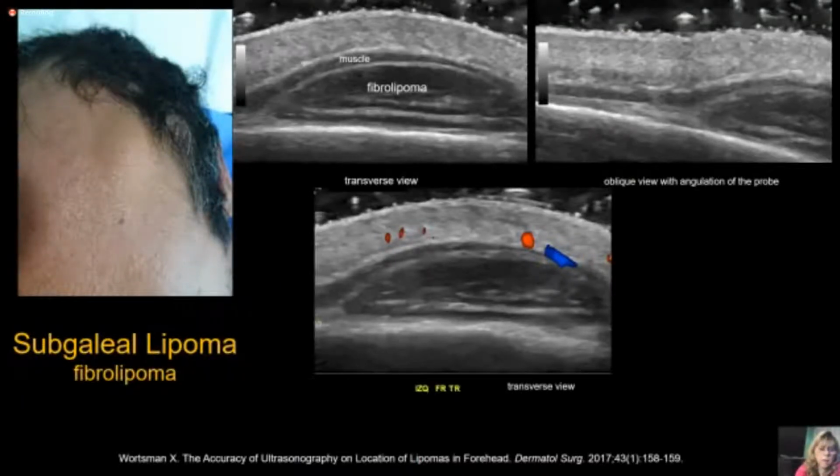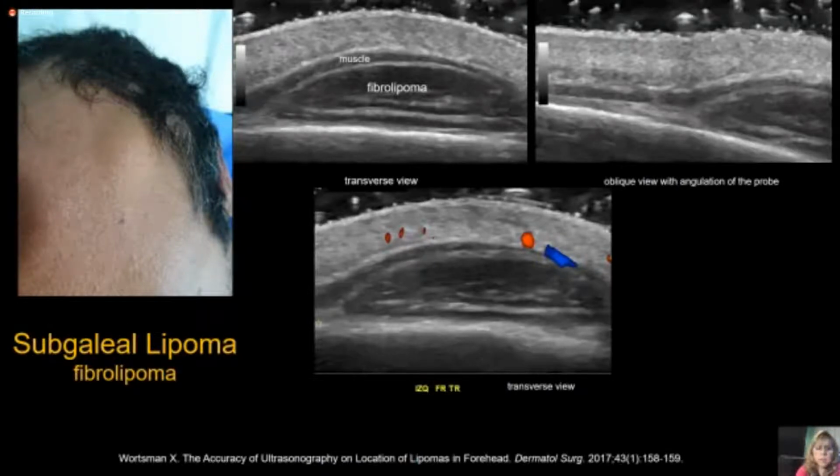A particular form of presentation of lipoma is the subgaleal lipoma. In this case, you can see a bump, usually in the frontal region, and this lipoma is located underneath the fascia or underneath the muscle, the epicranius muscle, and on top of the bone margin.